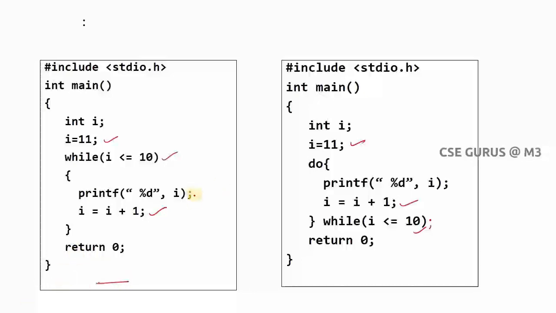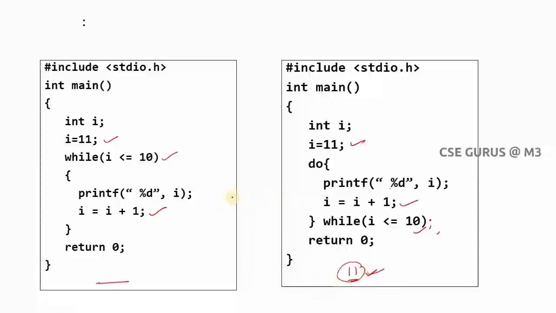Now coming to this one, i equals 11. Do means without checking any condition it has to go. So printf of i, the value 11 will be printed first. Now i is incremented by 1, so i is now 12. Is 12 less than or equal to 10? False. Now it comes out. That means it gives the output 11.